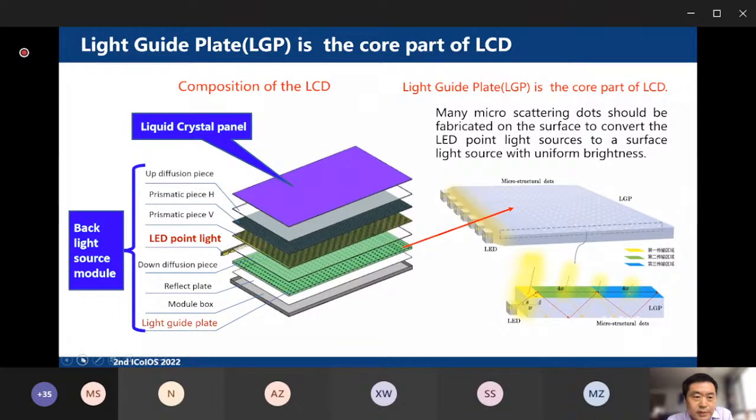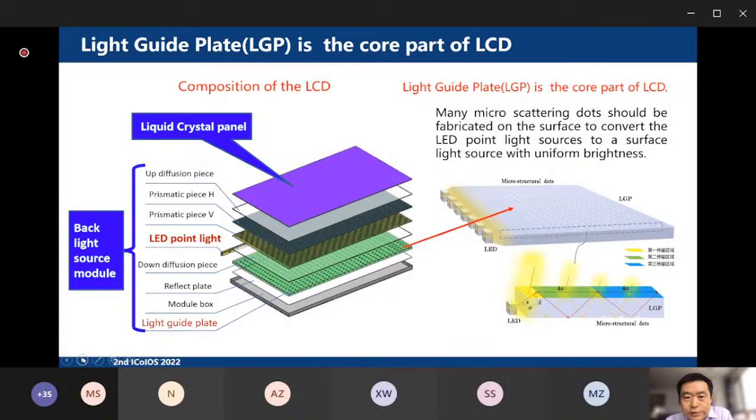This is the composition of LCD. So the liquid crystal panel, and the other is the backlight source module. In the backlight source module, the light guide plate is a core part for the backlight module.